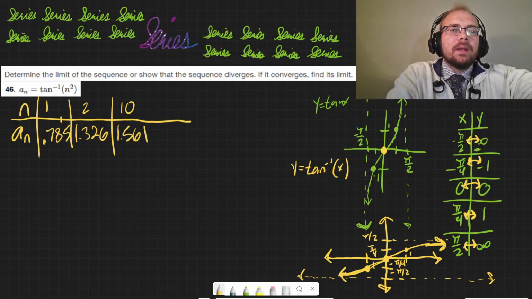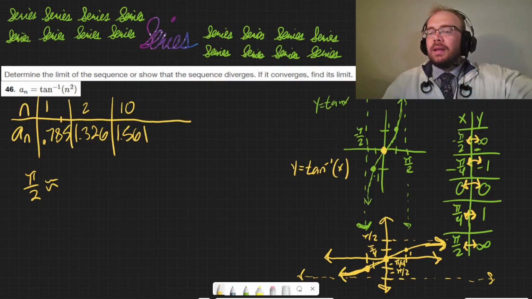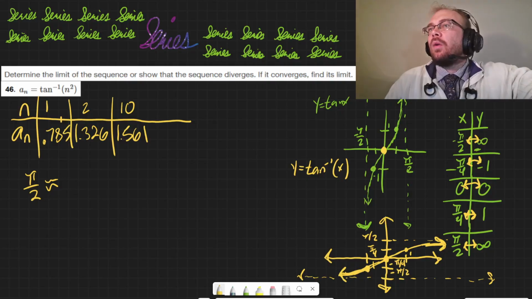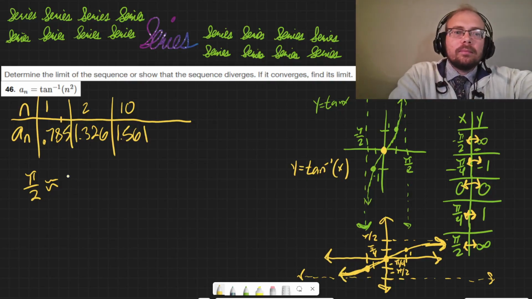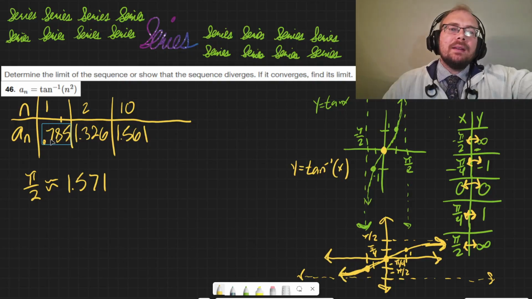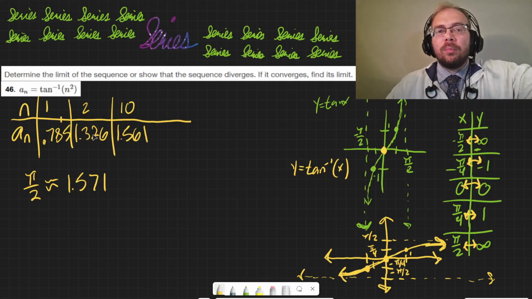Okay. Now, what is pi halves about? If we type in pi halves, pi halves is about 1.571. So already we're getting pretty close. Now we did jump to 10, but it was already like 1.3-ish at 2, and that's not that far away from 1.5, right?